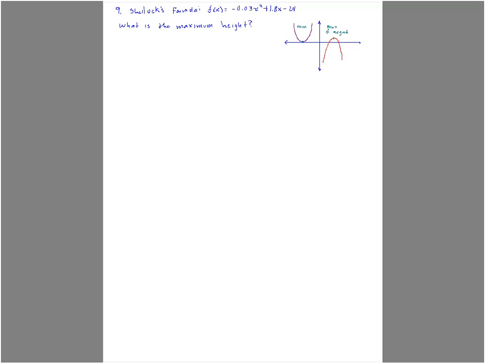So if the coefficient in front of the x squared term is negative, so a is less than 0 in ax squared plus bx plus c. And that's just math speak for saying, given some value of a that's multiplied by the x squared term, it's going to be less than 0. It's going to be negative, right? So if we take a look at the function that we have here, it's negative 0.03. And right off the bat, we have the negative. That means that we can find the maximum by looking for the vertex of this equation.